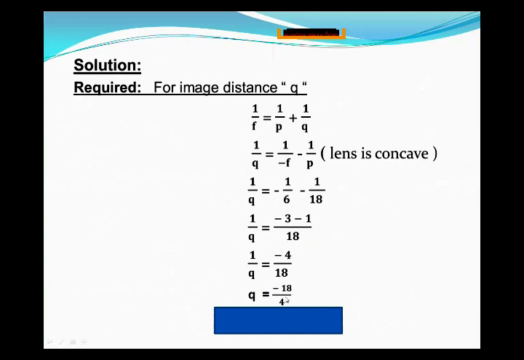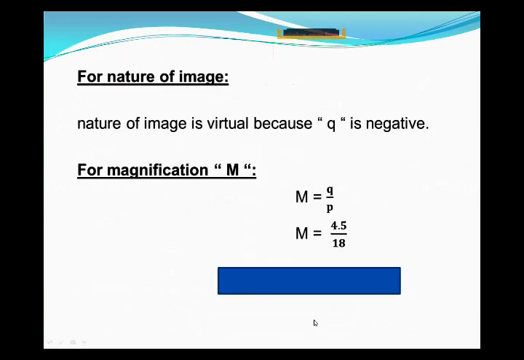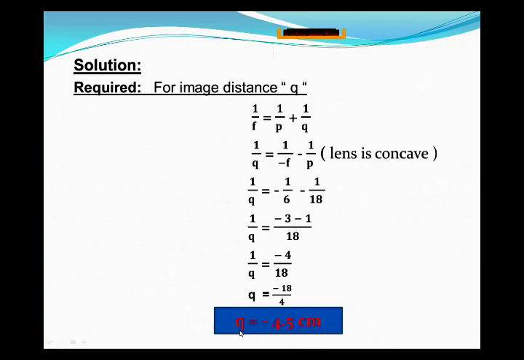After that, to find the value of Q, we will take the reciprocal. So 1 over Q will become Q, and minus 4 upon 18 will become minus 18 upon 4. After that, we will divide 18 by 4.